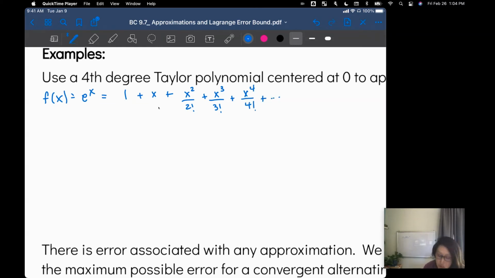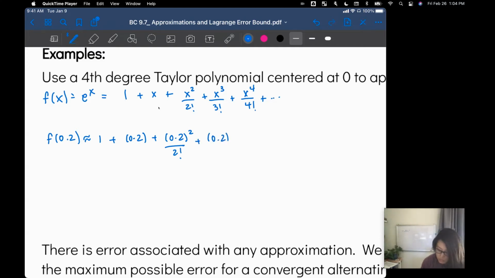Okay, so if I want to use a fourth degree polynomial to evaluate this function, I'm just going to say that f of 0.2 is not equal, because it's an estimation, is about equal to 1 plus 0.2 plus 0.2 squared over 2 factorial plus 0.2 cubed over 3 factorial plus 0.2 to the fourth over 4 factorial.